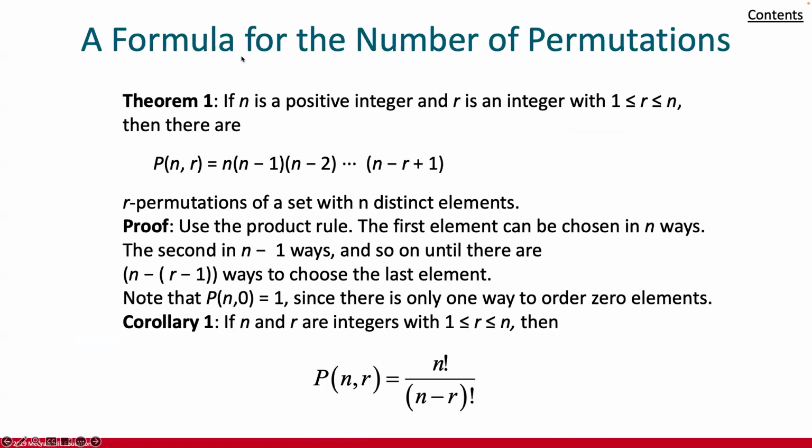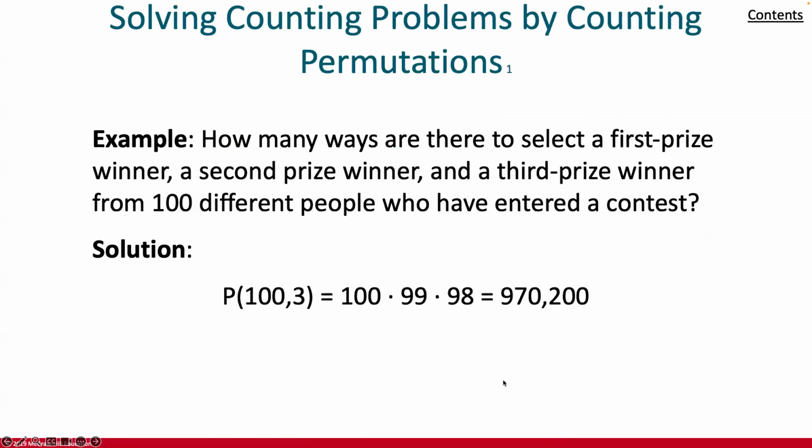So here is the formula for the number of permutations, and this is going to be a useful way of presenting that. That's the thing I'm going to focus on here. You can look through the proof, but this is how we can come up with a value, solving counting problems by counting permutations.